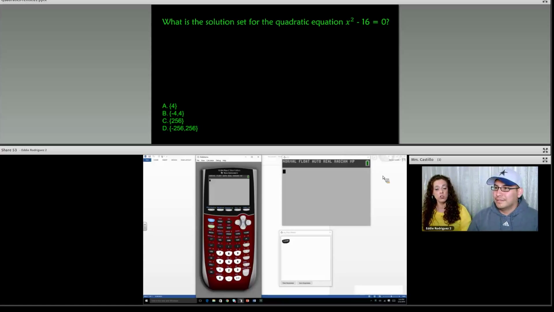So what do you remember about solutions for a quadratic? Solution is the answer. So basically where the graph crosses the x-axis. That is correct. Great job. But also remember that there are other names for quadratic equation solutions. Do you remember those? X-intercepts.